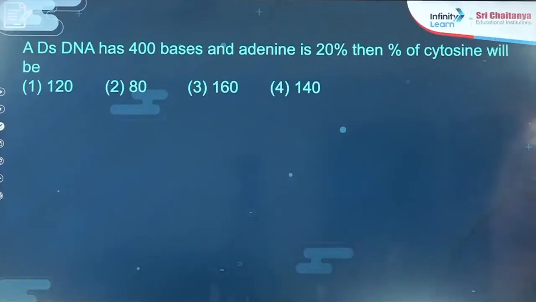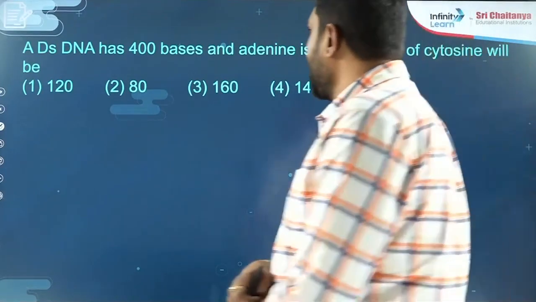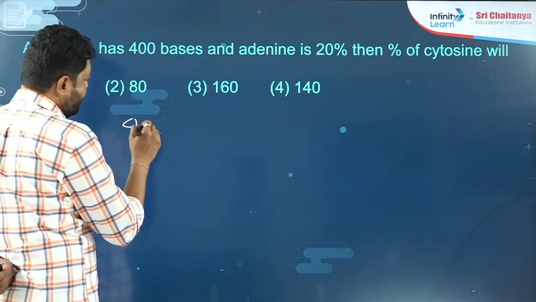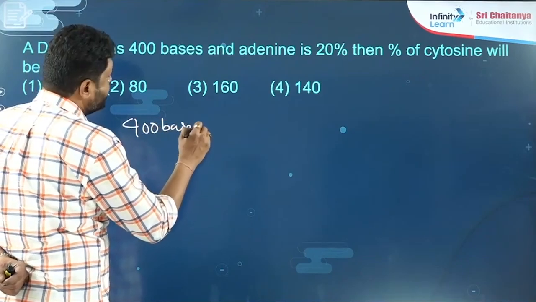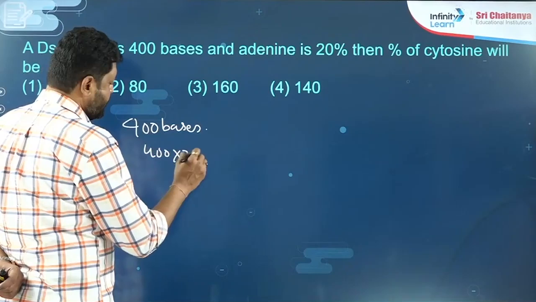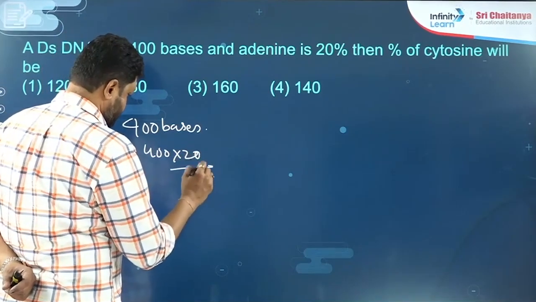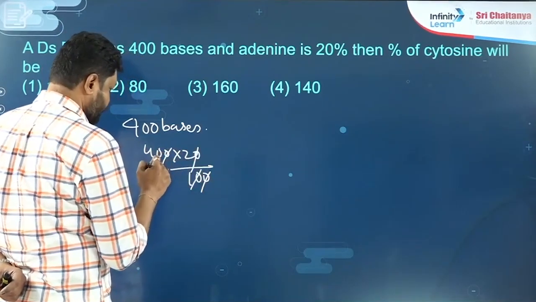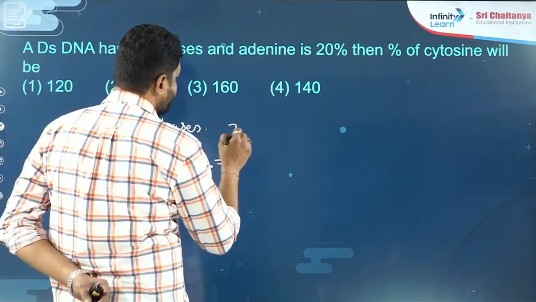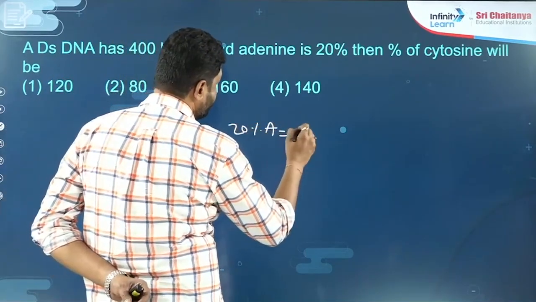Have a look here. A double-stranded DNA has 400 bases and adenine is 20%. Then the percentage of cytosine will be? So DNA has 400 bases, adenine is 20%. 20% of 400 is equal to 80.